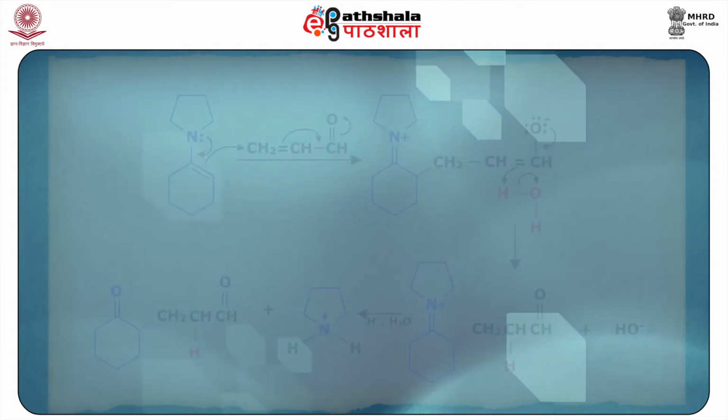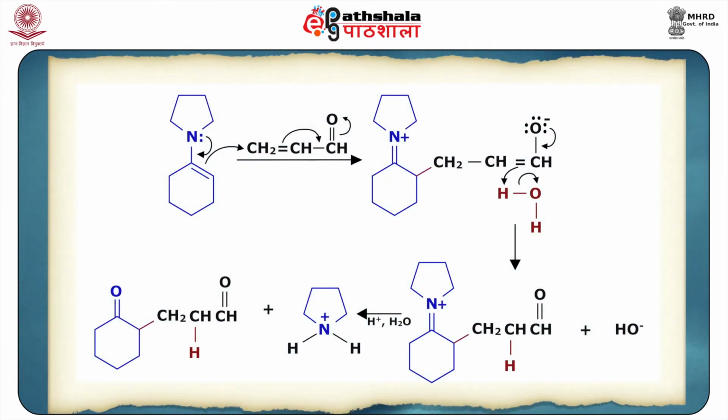In place of enolates, enamines can also be used as Michael donors in a very similar manner. And when we use enamines, this reaction is called the Stork enamine reaction. So, you can see it is an extension of Michael addition only, and here it is represented. This is the enamine where the N is joined to this doubly bonded carbon, which is the requirement for it to be classified as an enamine.